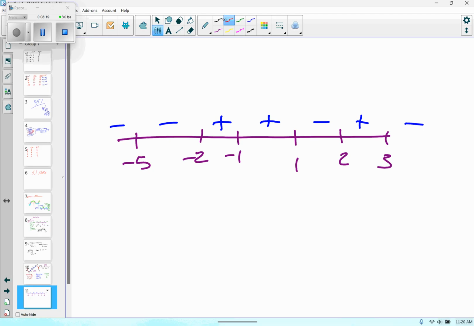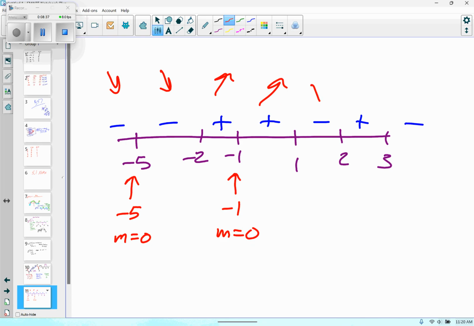So that would mean at -5, we would have the slope of exactly 0, and at -1, we have a slope exactly of 0. So this type of graph, it's decreasing here, then increasing, then increasing, then decreasing, then increasing, then decreasing.